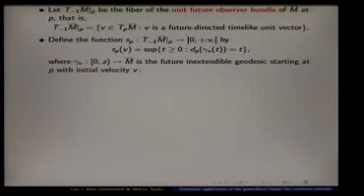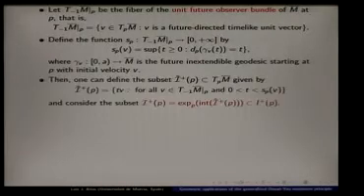Okay? And then we can define this subset I plus tilde, which is a star-shaped subset around the origin.